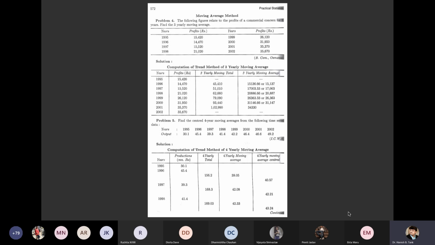Look, the first entity is 39.05 and the second entity is 42.08. Make a sum of these two and divide it by 2, and you will have 40.57. You have to put it in between these two, which is against 1997.